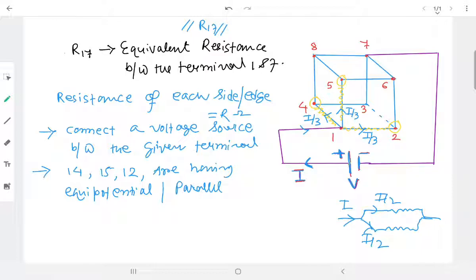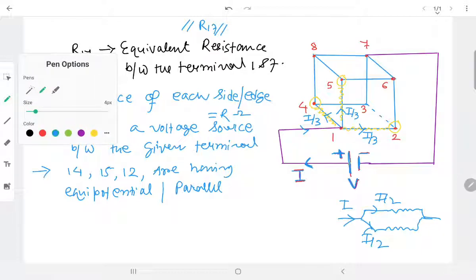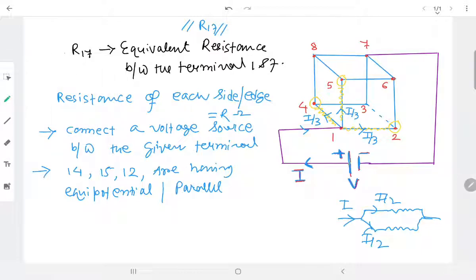Now how can we understand this? Suppose I am on the corner point 4, and I want to come to the positive terminal. How many resistances do I need to cross? I need to cross one resistance. In the same way, suppose I am on the point 2, I want to come to the positive terminal of the battery, I need to cross again one resistance.